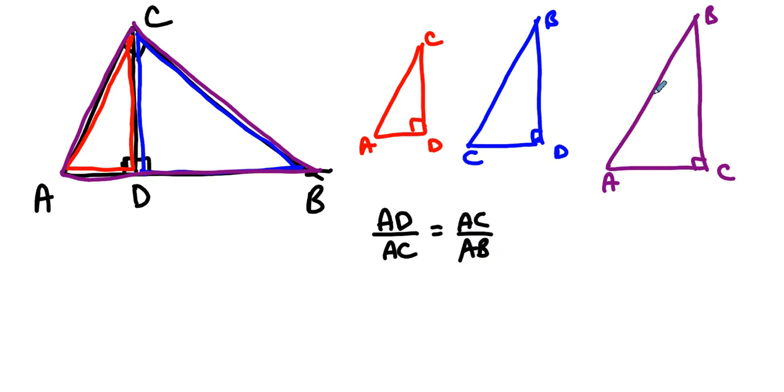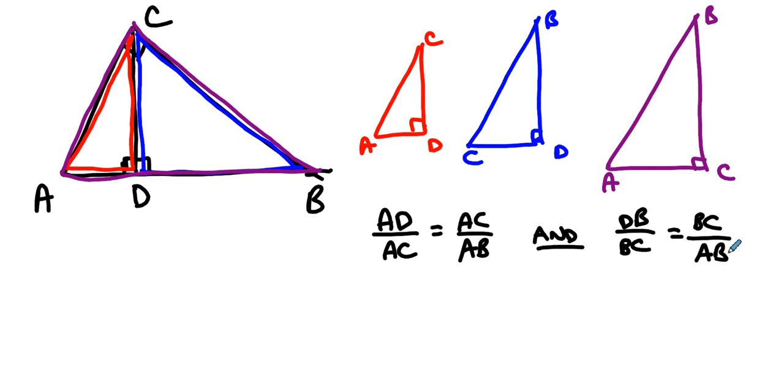Red is similar to purple, so little leg is to hypotenuse as little leg is to hypotenuse. And it is also true that in the blue triangle, big leg is to hypotenuse as big leg is to hypotenuse.